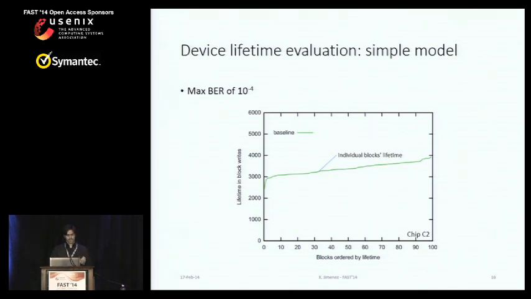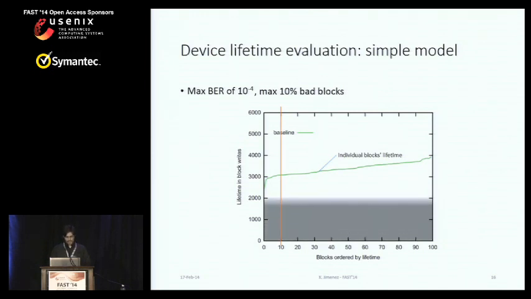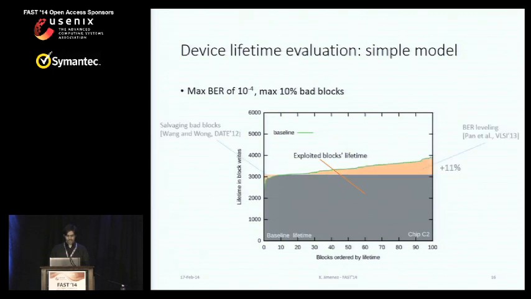Imagining an application where we have perfect wear leveling, and assuming a maximum of 10% bad blocks before the device is considered dead, the dark gray region here corresponds to the exploited block lifetime.